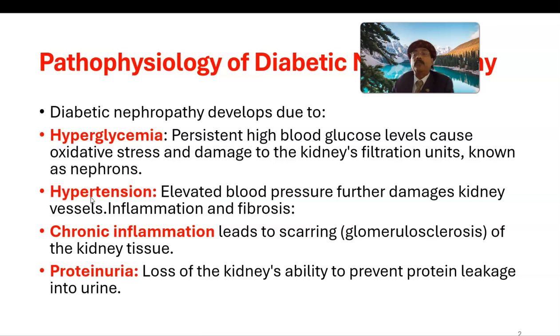Usually patients are old, so a lot of them already have essential hypertension. That will add to the pathology of diabetes and damage the kidney further. Chronic inflammation leads to scarring, glomerulosclerosis of the kidney tissue, and proteinuria, loss of the kidney's ability to prevent protein leakage into urine.